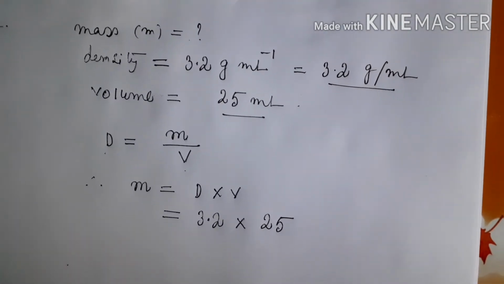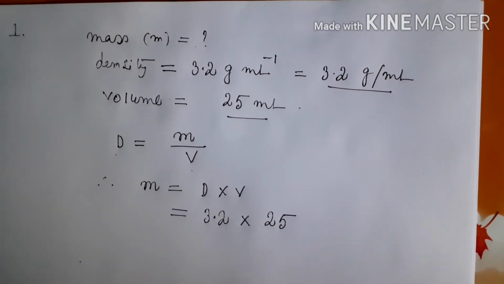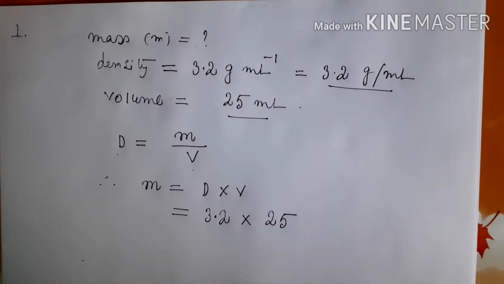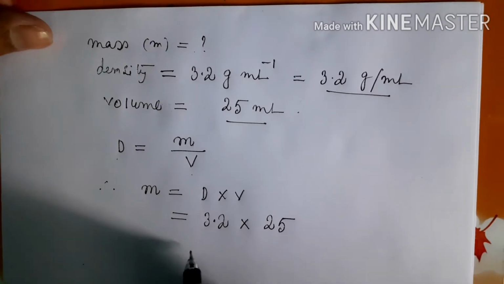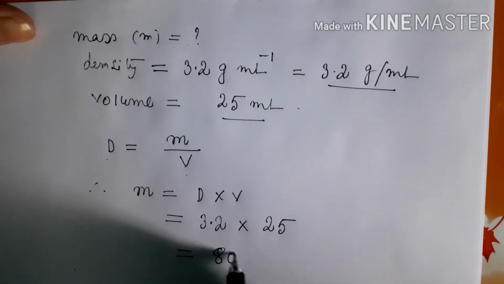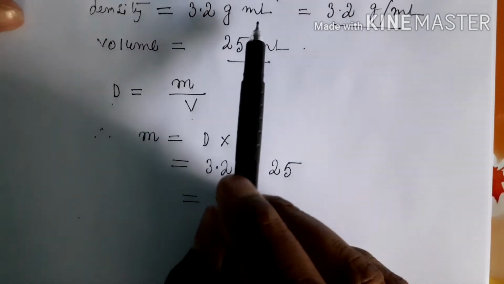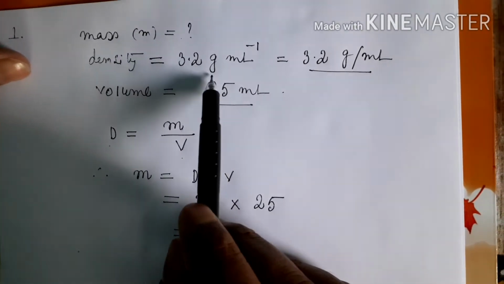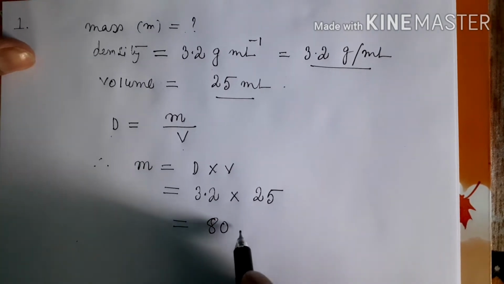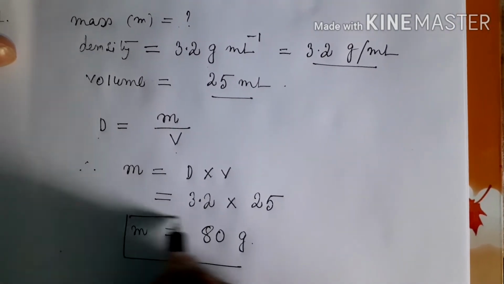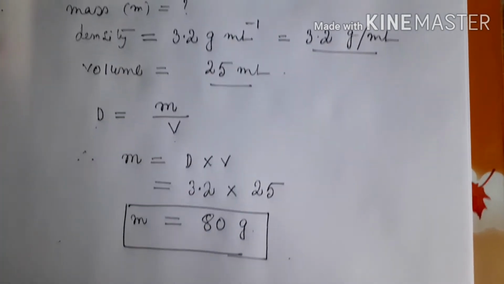If you multiply 3.2 into 25, then 80 will come. Now you have to put the unit. All these units are given in the CGS system, so definitely the unit will be gram. So the mass of this body will be equal to 80 gram.